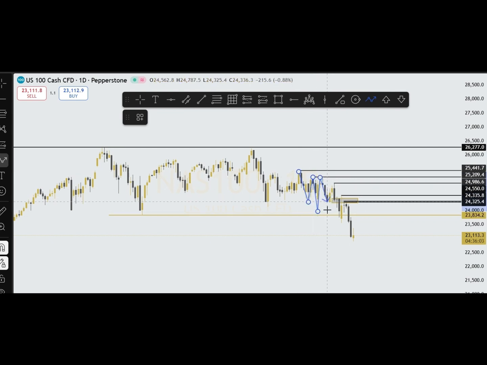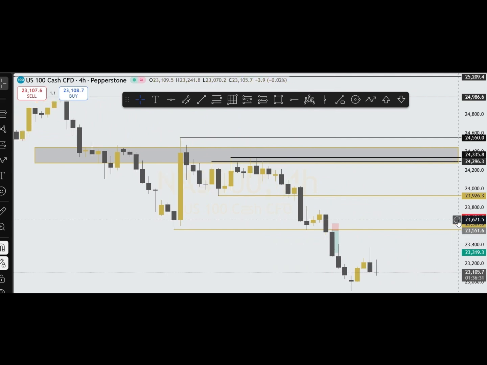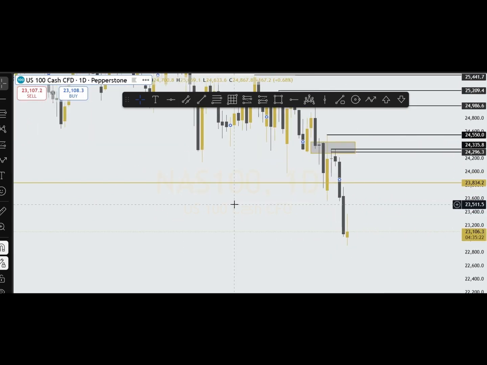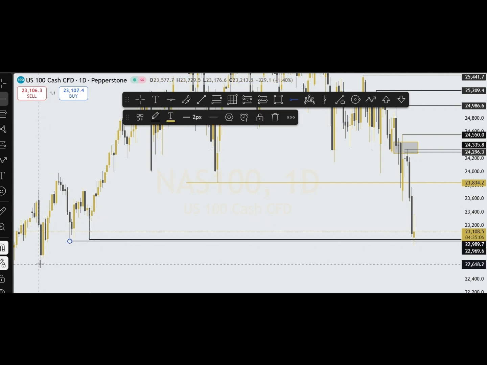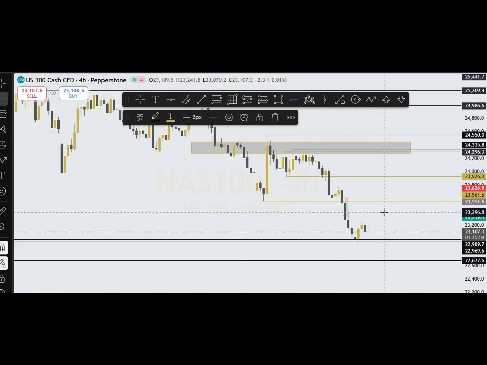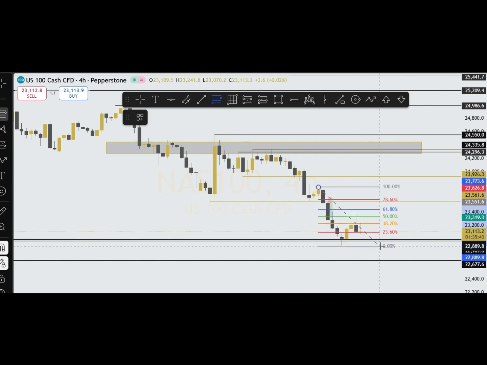And from last week, it has been doing a nice downtrend. On the 4 hour, we see that it has broken many lines, but we should get new support levels to see where it will react. Those are the levels that we got.